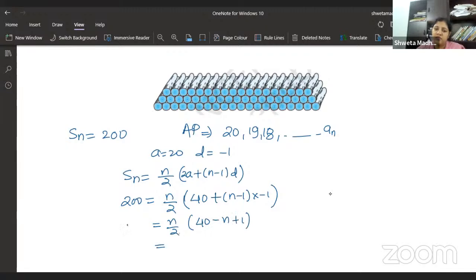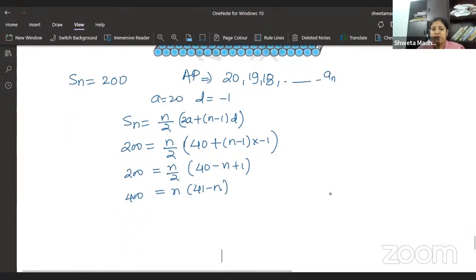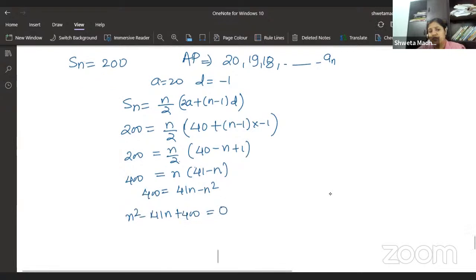So 2 will be transferred, LHS 400 is equal to n in bracket 41 minus n. 41n minus n square is equal to 400. So n square minus 41n plus 400 is equal to 0. So you have to solve this.